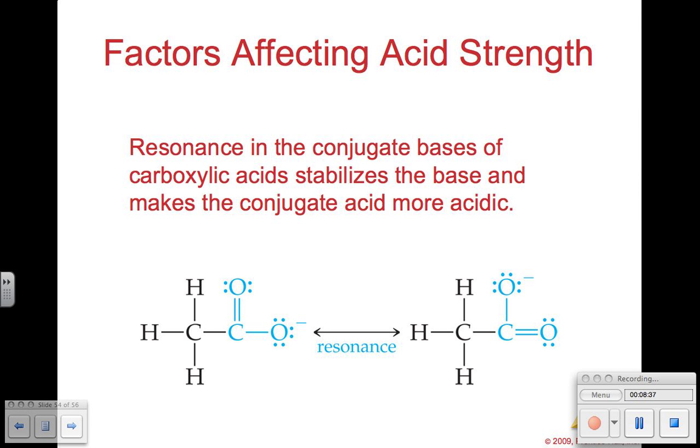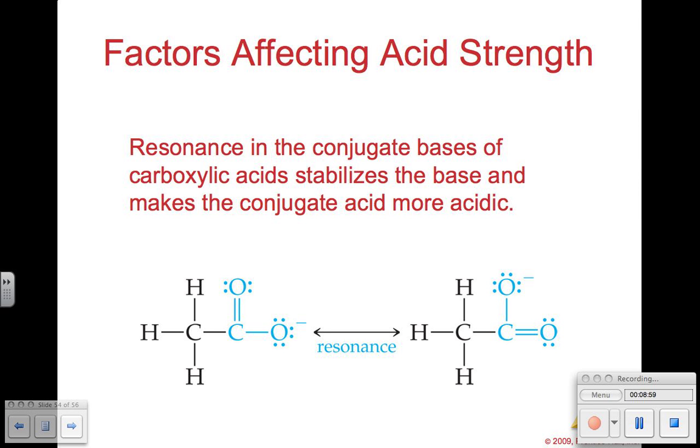Another thing to consider are compounds that might have a resonance structure. Carboxylic acid is a very common organic acid that you come across. We used a lot of carboxylic acid in Unit 2 in first year chemistry, when we were making perfumes or different smells.